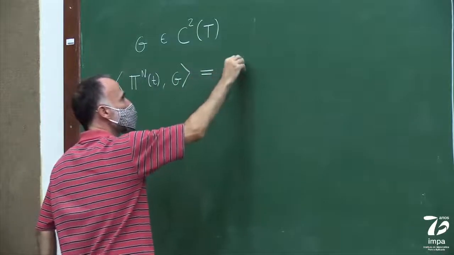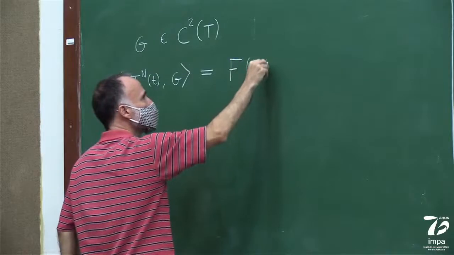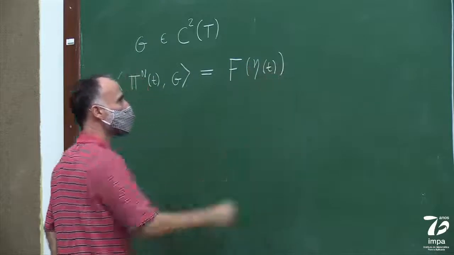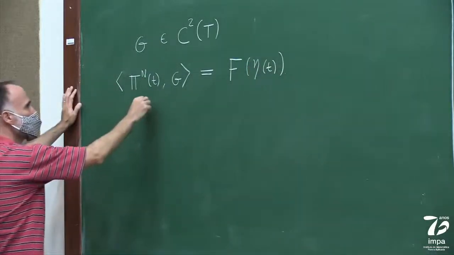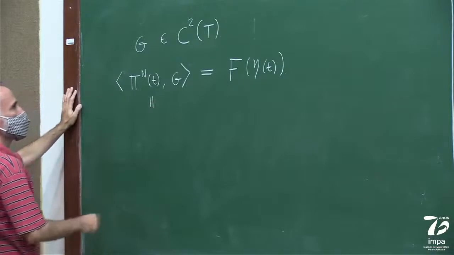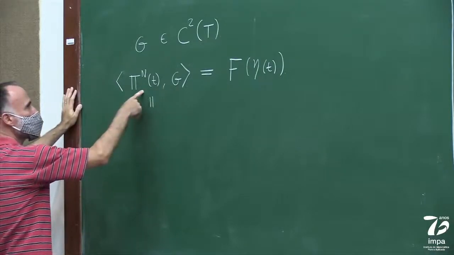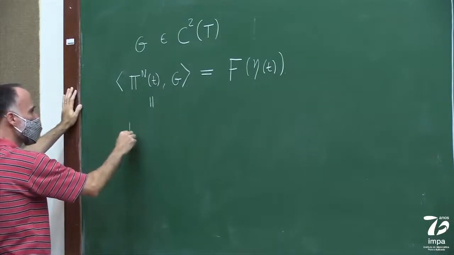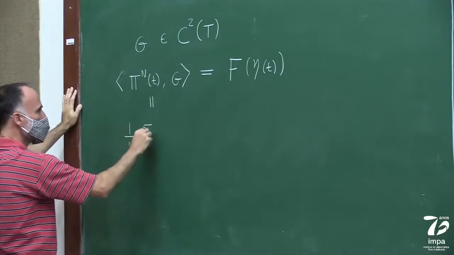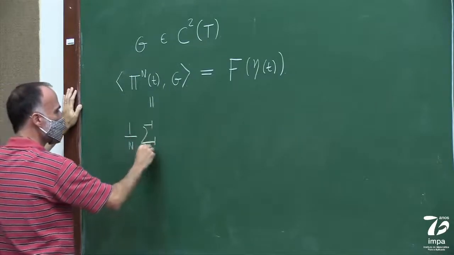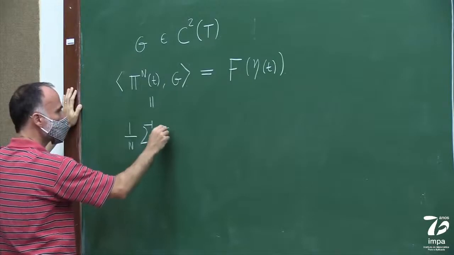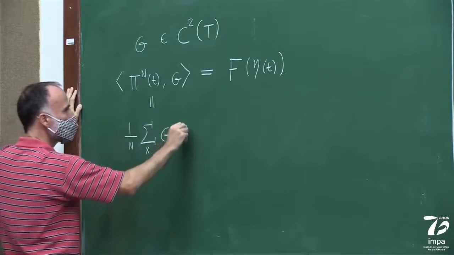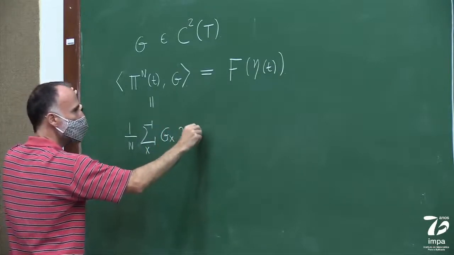So that will be my function f of eta t. Remember, this is the integral of g with respect to pi n t. So this is equal to 1 over n, sum over x in lambda n, g x eta x at time t.